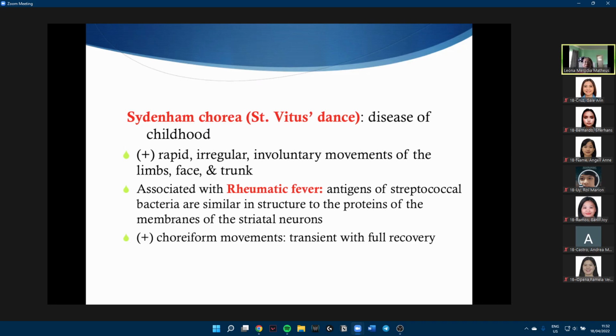So in other words, napagkamalan na antigen yung protein ng membranes ng striatal neurons, no? So ayan. Kaya nag-act doon yung antibodies natin, no? So we have here choreiform movements, which are fortunately transient or temporary and with full recovery. That will be Sydenham chorea.